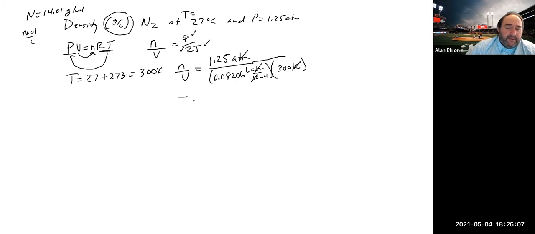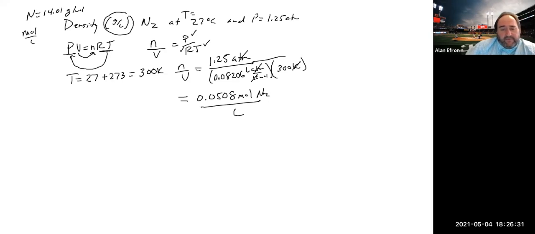So we do end up in the units we're looking for. 1.25 divided by 0.08206 divided by 300 is going to get us something in the ballpark of 0.0508, we'll call it. Again, these are moles per liter of nitrogen, technically the molarity of our nitrogen gas.